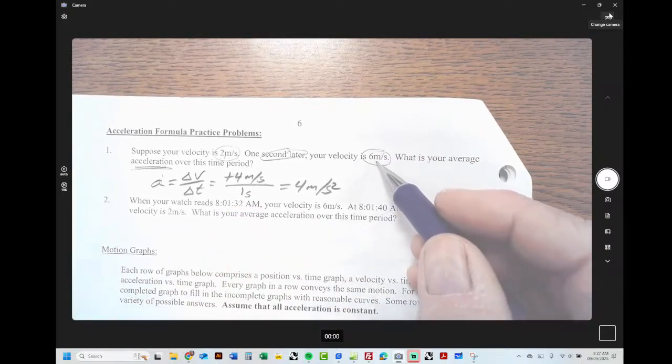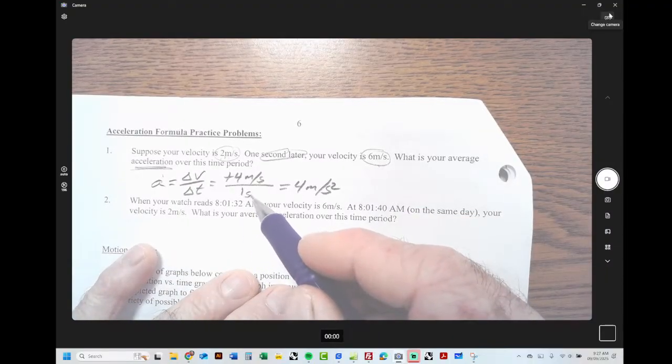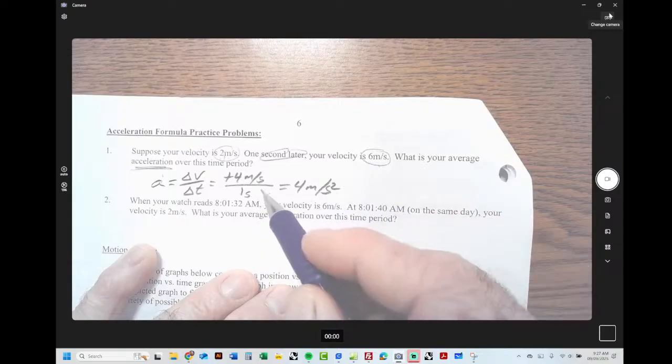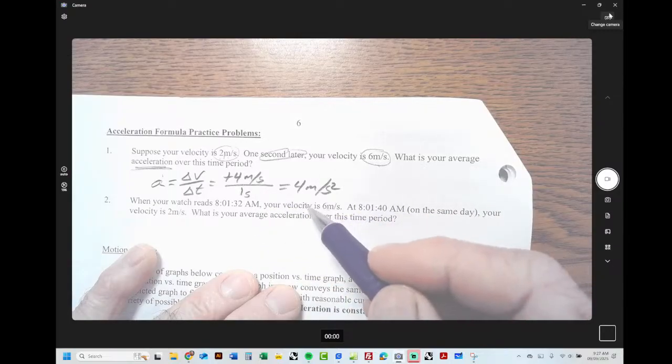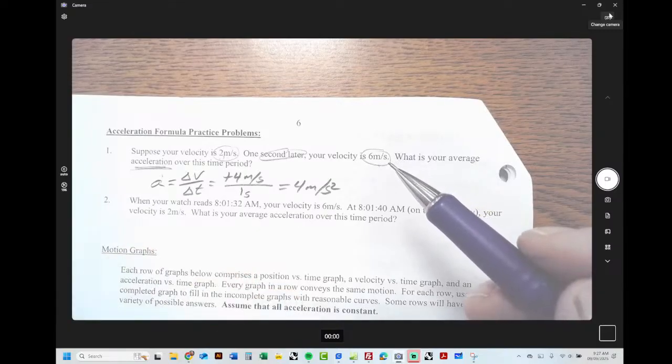Has it been a while since you've multiplied and divided fractions? So when you divide one fraction by another, what do you do? How do you do that? You multiply, but what do you do to it first? You flip one. You take the reciprocal.